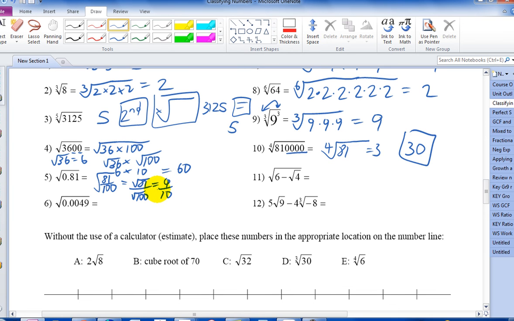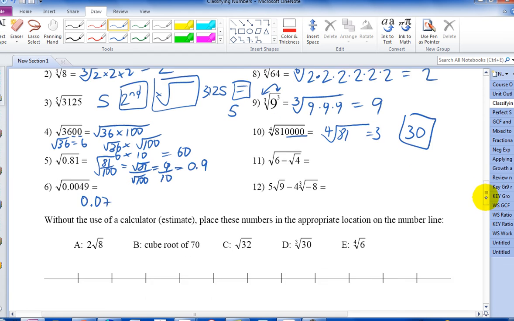As a decimal, that would be 0.9. What about number 6 though? Any ideas? So this would be 0.07. You could try that on your calculator as well.